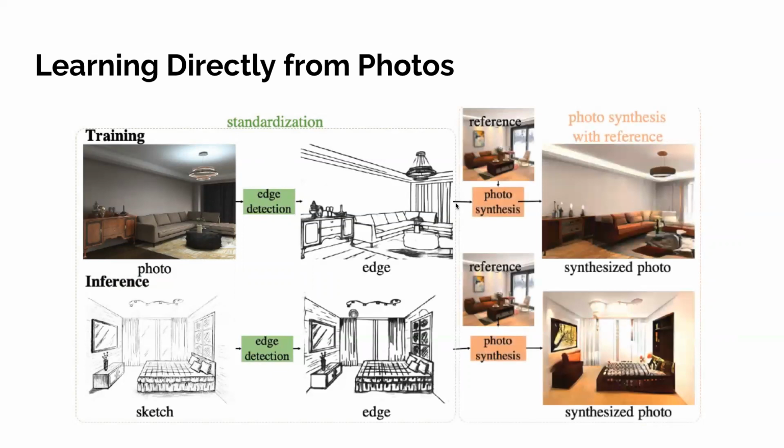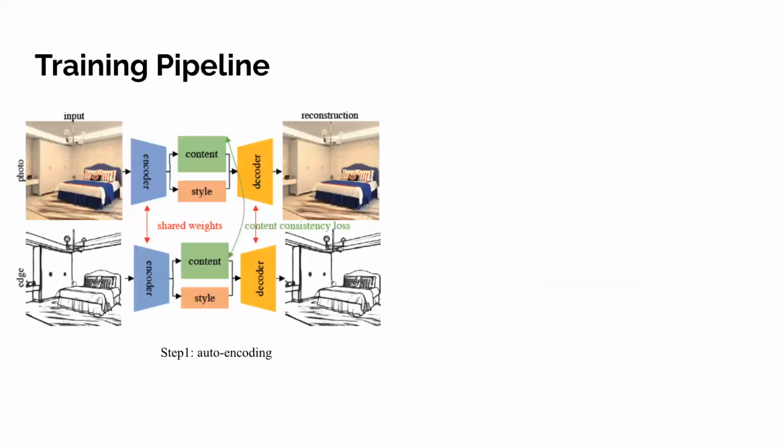Basically, it takes this standardized edge in, and then takes a reference image in, and then finally it synthesizes the photo. There are two good things about this pipeline. First is that by standardization, we make sure the gap between training and test is minimized. Another thing is we use the edges of photos, so we can use abundant, readily available datasets.